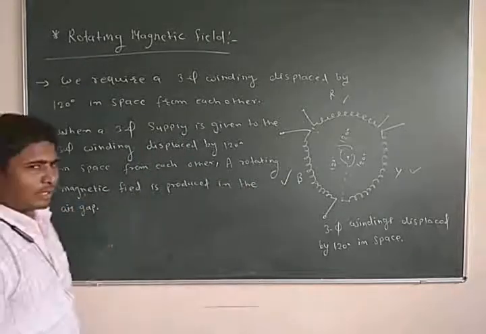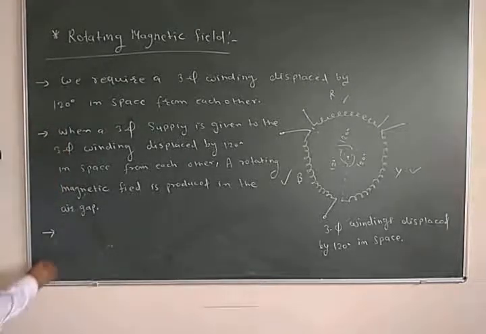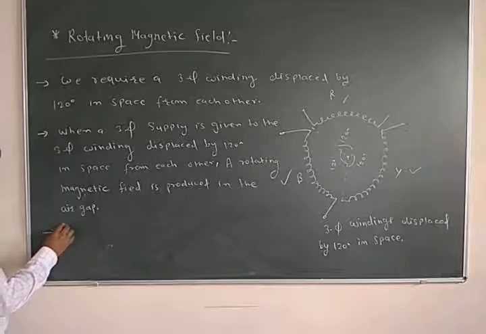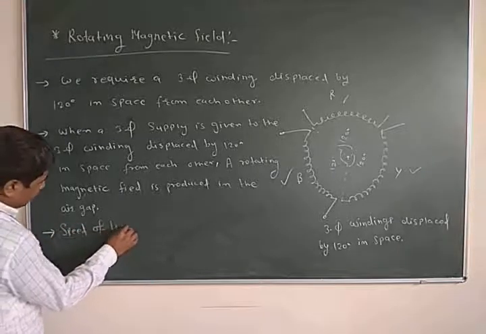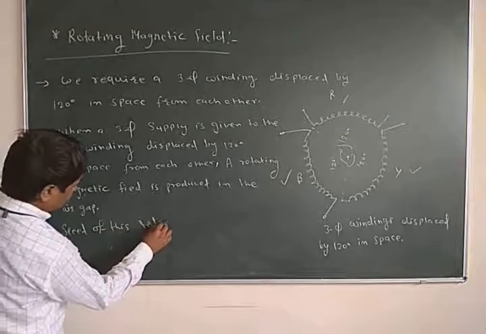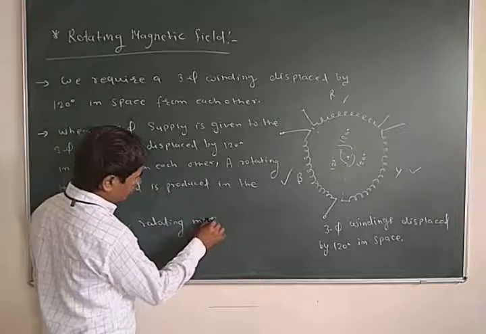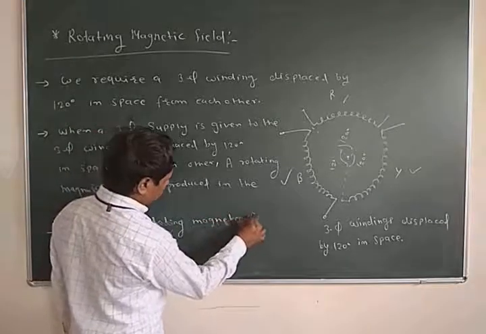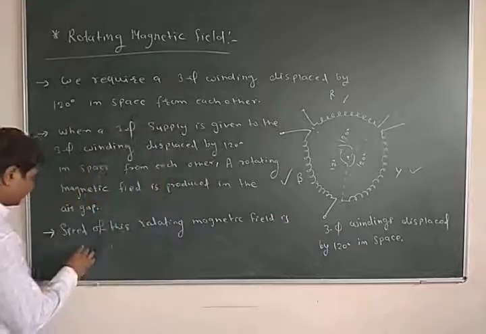And the speed of this rotating magnetic field is equal to the supply frequency. So we can say that the speed of this rotating magnetic field is equal to synchronous speed.